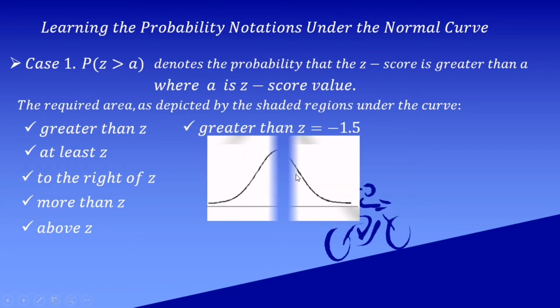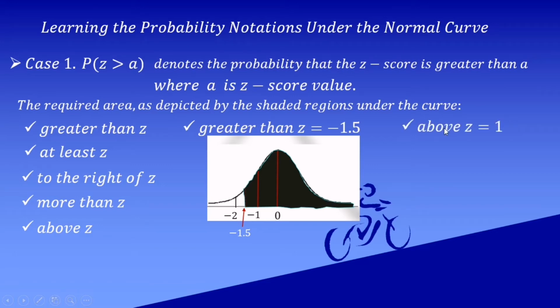Okay, for example, greater than z is equal to negative 1.5. So, to locate the negative 1.5, alam natin na between negative 1 and negative 2. Okay, ito yung location niya. Then, negative 1.5. So, since this is greater than z, so mula sa negative 1.5 throughout to the right side, yan ang kanyang shaded region.